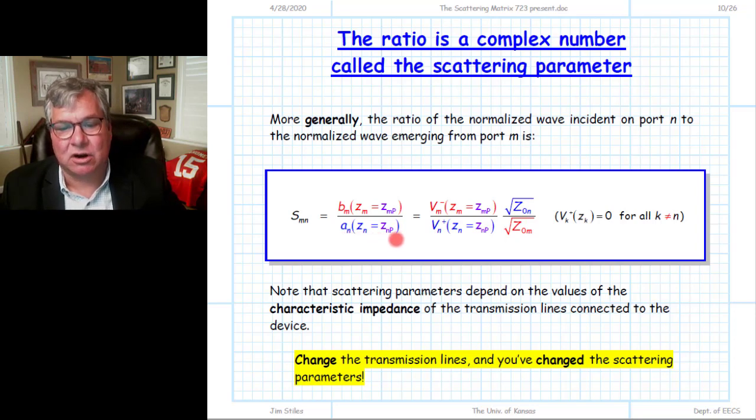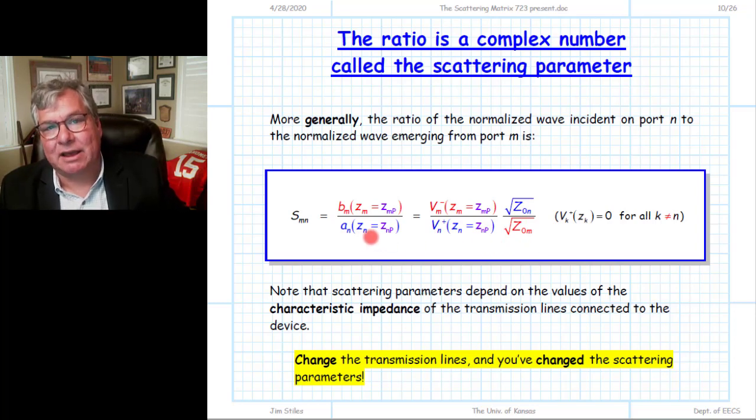So the A's are all 0 except at port N, and then we determine the scattered waves at each port due to the incident wave at port N. We determine that it's the scattered wave at port M. Again, it's a scattered wave, exiting wave, so we call it B in the direction of decreasing Z, and take the ratio of the two. So again, the scattering matrix is defined as the ratio of the normalized waves at 2 different ports when only one port has an incident wave that is non-zero. And of course, that must be the value associated with this port N where A is non-zero.